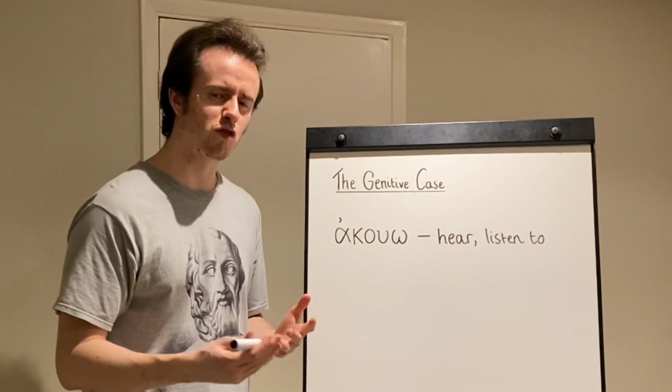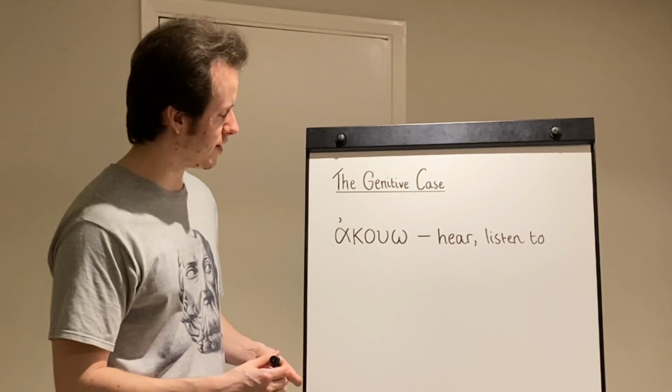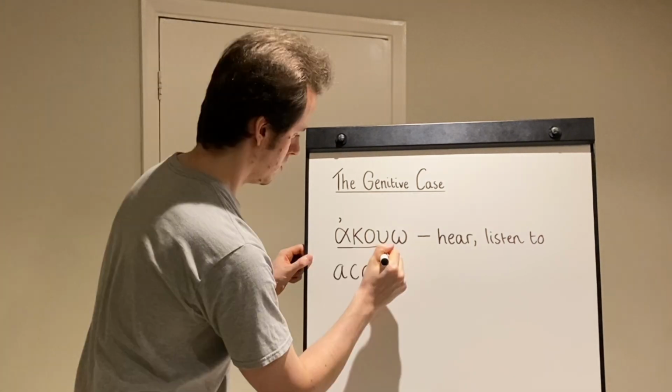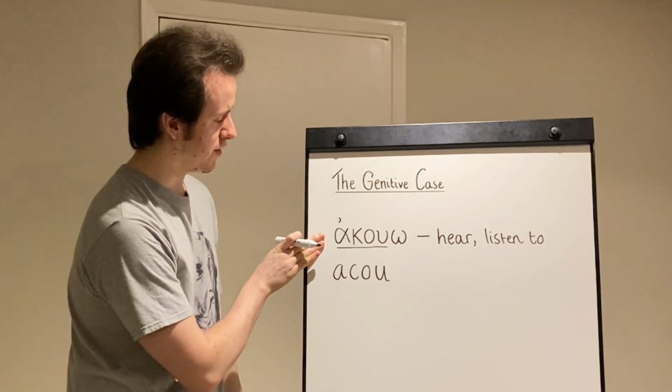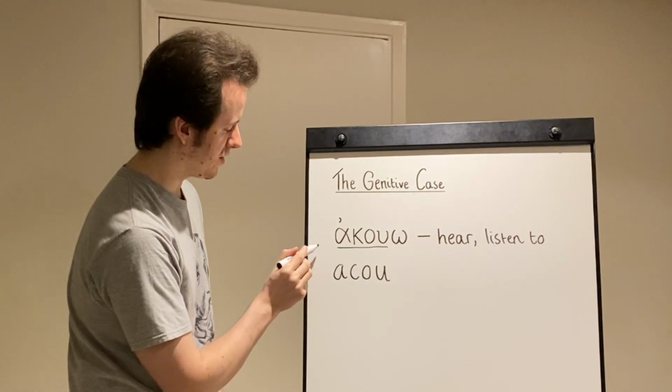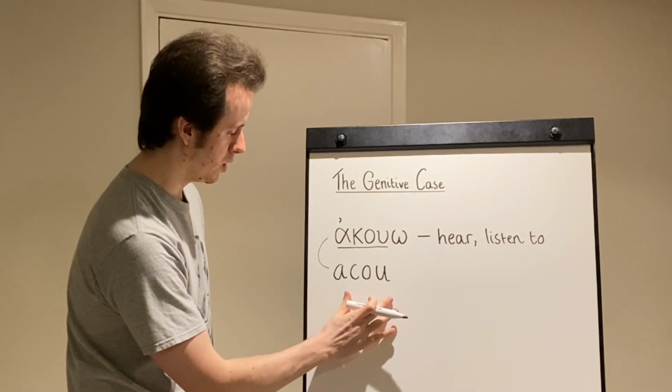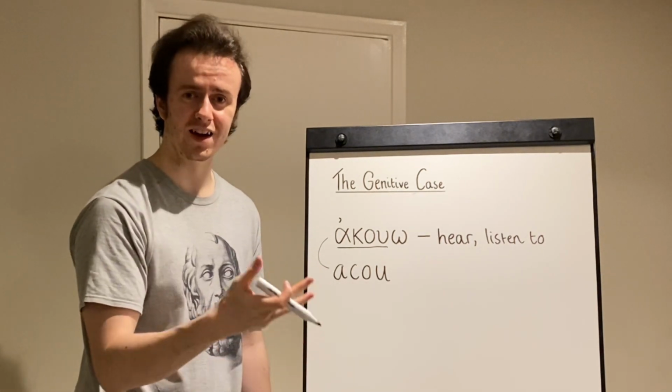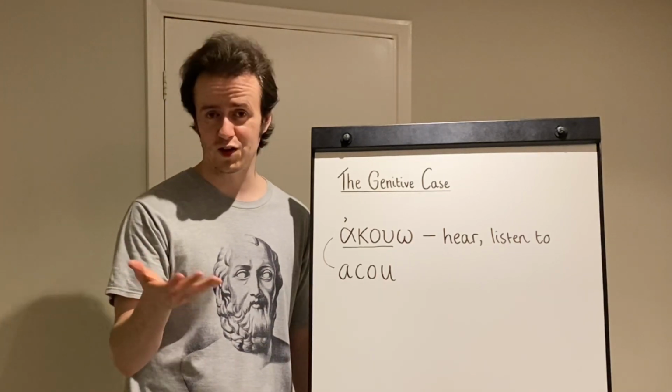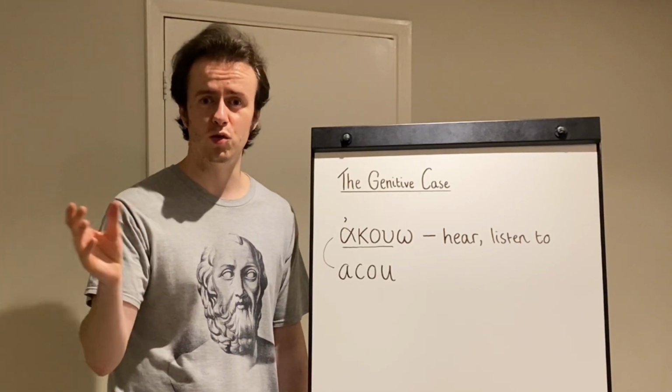And you might be able to remember its meaning if you transliterate the verb stem. If you transliterate the stem aku, you get in English aku, and this gives us words like acoustic, with the adjective acoustic meaning relating to sound.